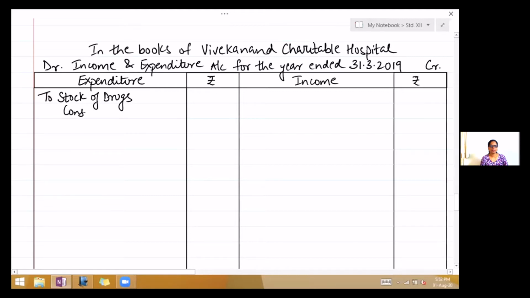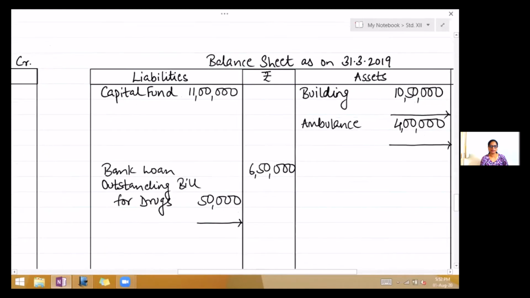And below that, you will write opening stock in the inner column, 42,000, and leave 2 lines there. Next is hospital equipments. Hospital equipments on the asset side.